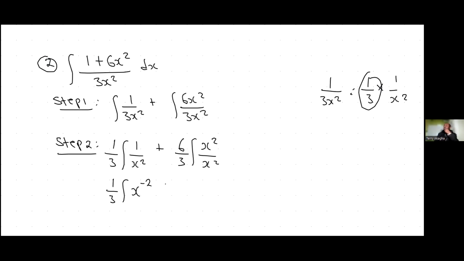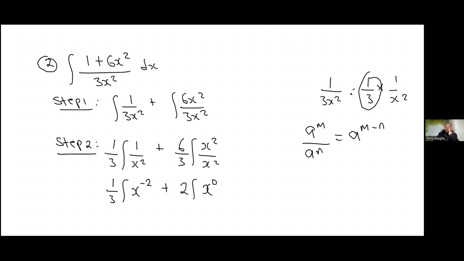Plus, now 6 divided by 3 will give you 2, the integral of x squared divided by x squared is going to give you 1, or you can say x raised to the power 0, okay? So you can apply the law of indices here, which is a raised to the power m divided by a raised to the power n is equal to a raised to the power m minus n. We've talked about this earlier, okay?